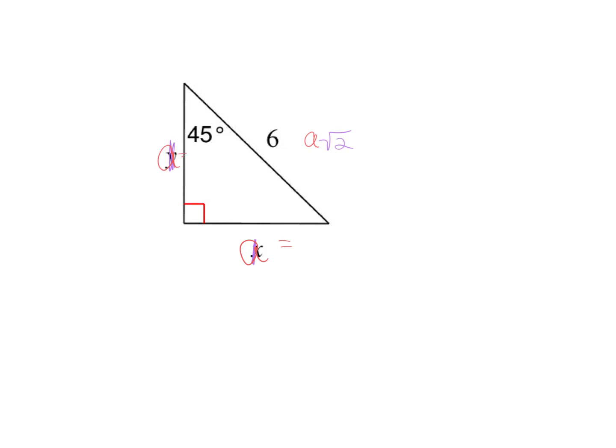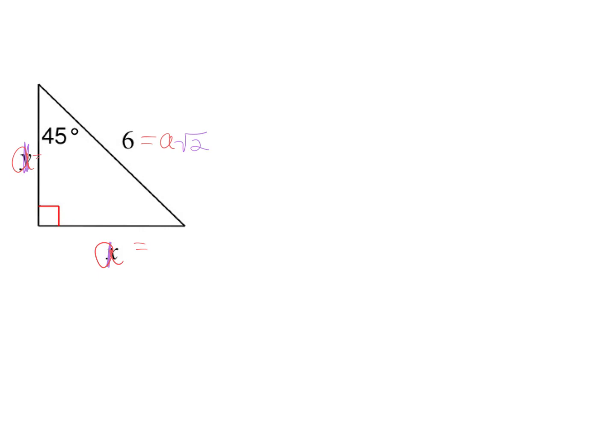Can I put an equal sign here and say 6 equals A square root of 2 and just solve that? Solve for A. What do you do to both sides? Divide by the square root of 2. So I have A equals 6 divided by the square root of 2.